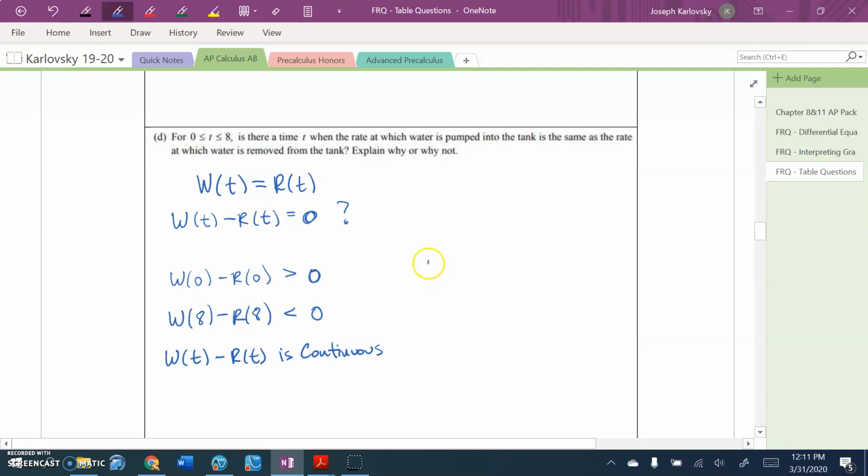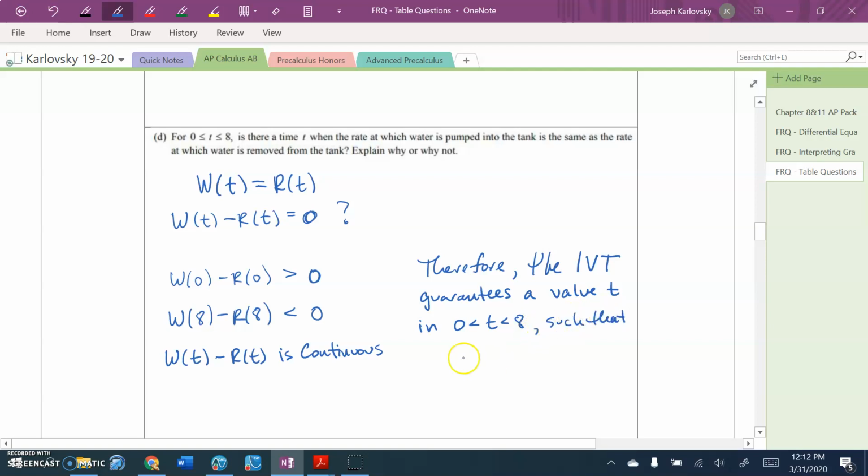So we can say, therefore, the intermediate value theorem guarantees a value t in the interval 0 to 8 such that W of t minus R of t equals 0.